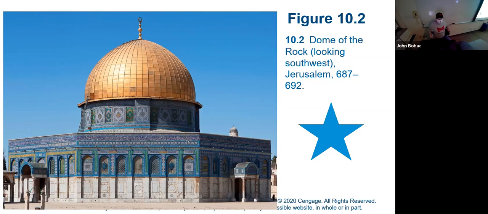Their science moves way ahead of anything that was happening in the West at the time. Their architecture and their mathematics, algebra. You guys had to take algebra, kind of a mathematics of trying to find the unknown quantity. Algebra, that's an Arabic word because algebra was invented by the Arabic people.